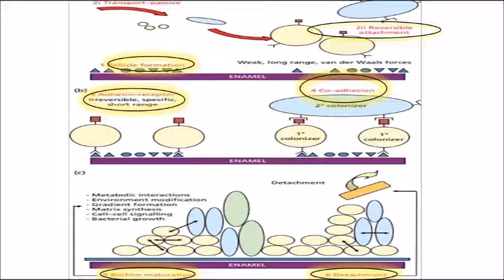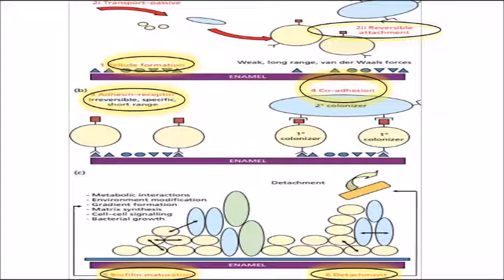Biofilm maturation means that, because of the primary colonization, secondary colonization, and multiplication of these cells, the biofilm matrix becomes more mature. And finally, the last step is detachment. After a limit, this will detach from the surface and colonize some other tooth surface.